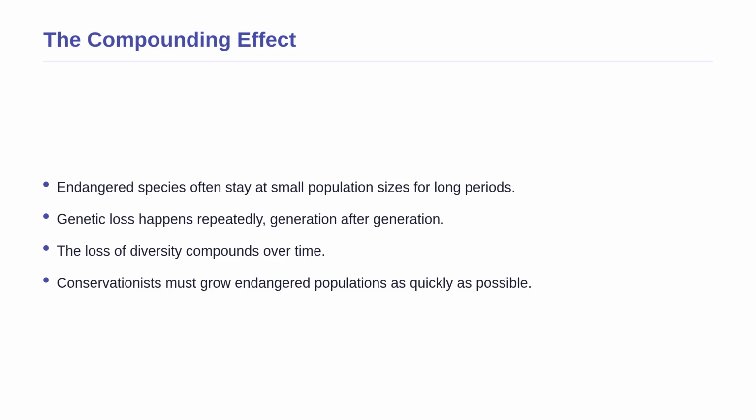This creates a compounding effect, much like compound interest in a bank, but in this case, it is a compounding loss of genetic health. This compounding effect demonstrates exactly why it is critical for conservationists to intervene and grow endangered populations as quickly as possible, before the genetic variation bleeds away completely.